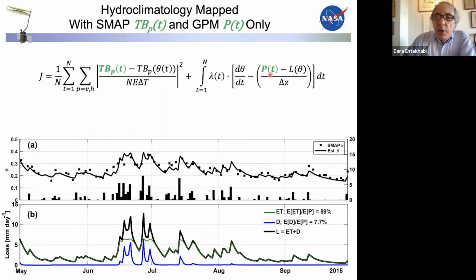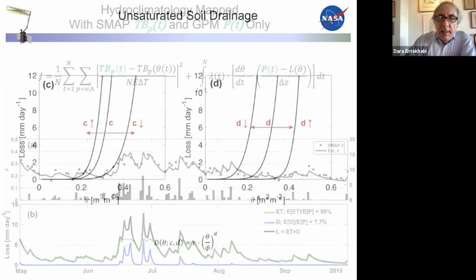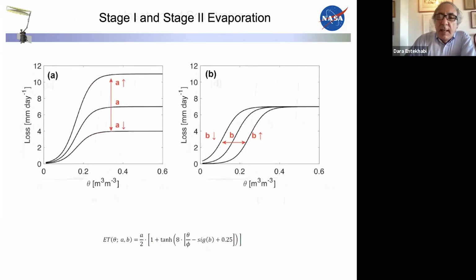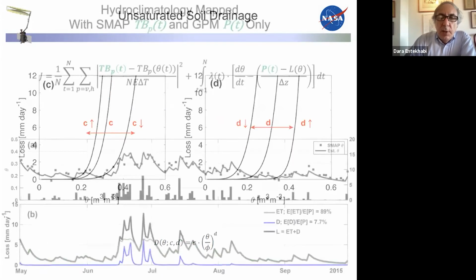If we bring in precipitation from another satellite, the Global Precipitation Measurement mission, and make a sort of cost function, which is the sum of all the SMAP measurements, brightness temperature implies a certain soil moisture, and then adjoin a water balance with these loss functions and estimate parameters A, B, C, and D, and let them be anywhere they want to be in this 2D space.